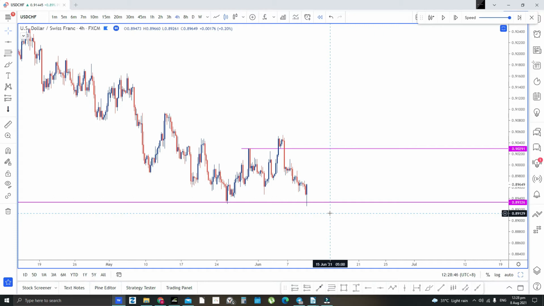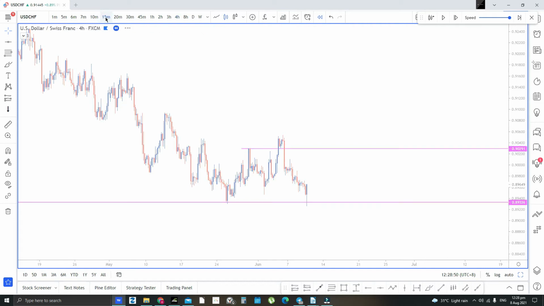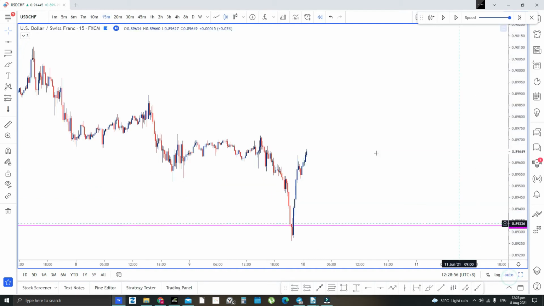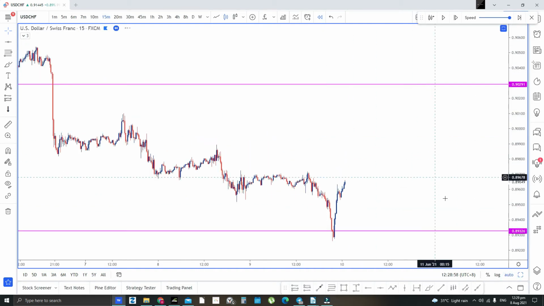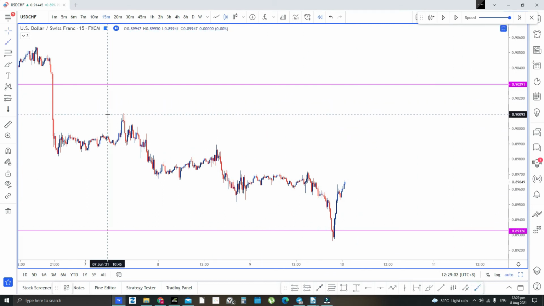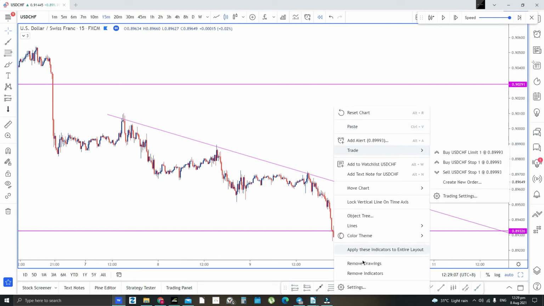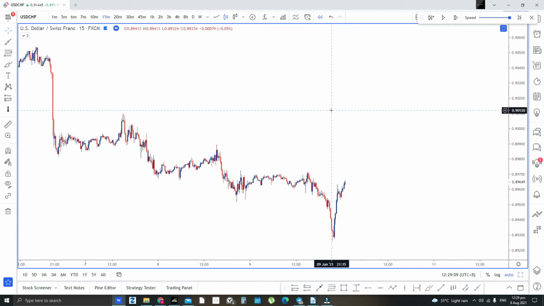So what we're going to do is go down to first the 15-minute time frame and look for an entry. Right here, we're already at the 15-minute. You can see if you drew a trend line right here, you have a downtrend. So we're going to look for an entry to the upside.